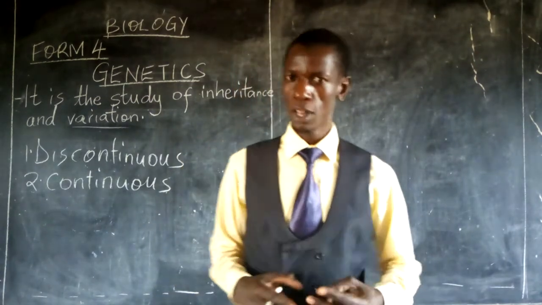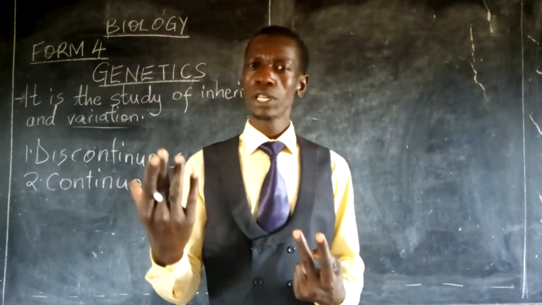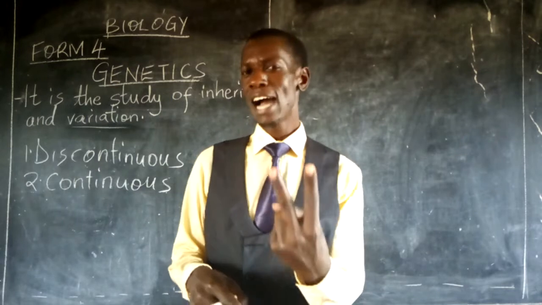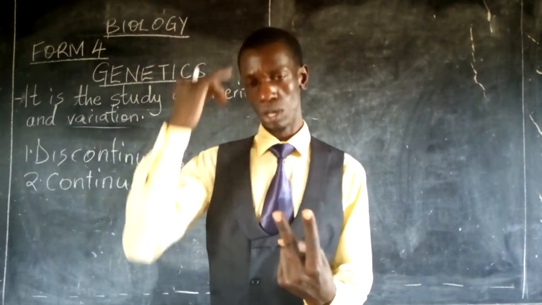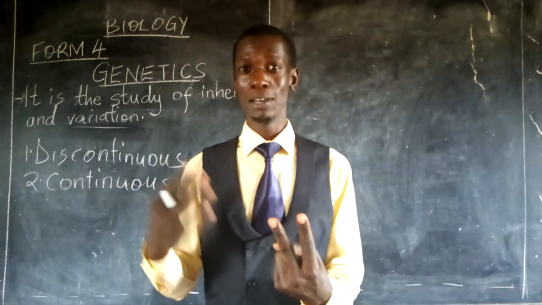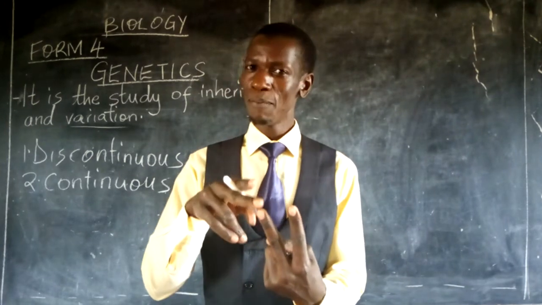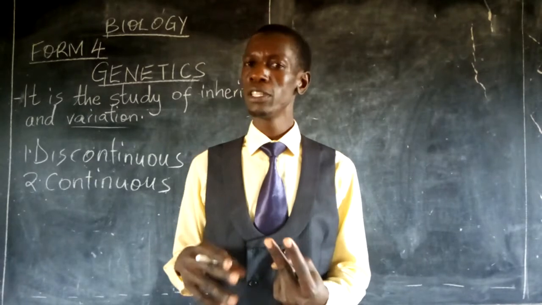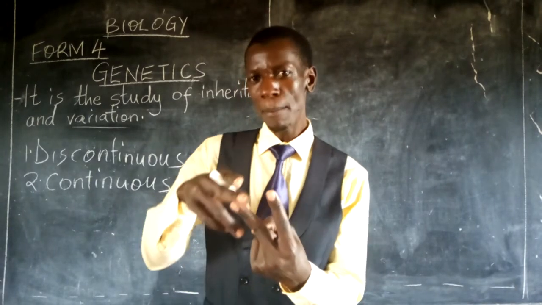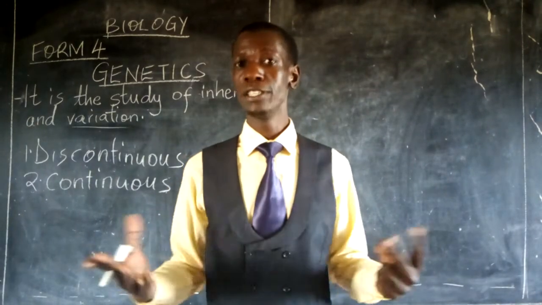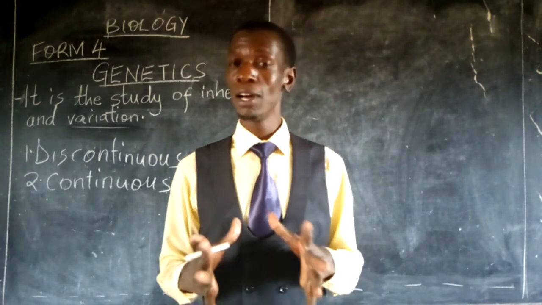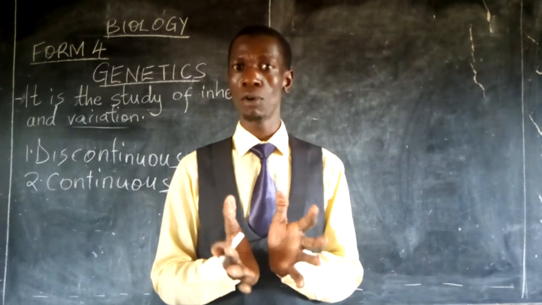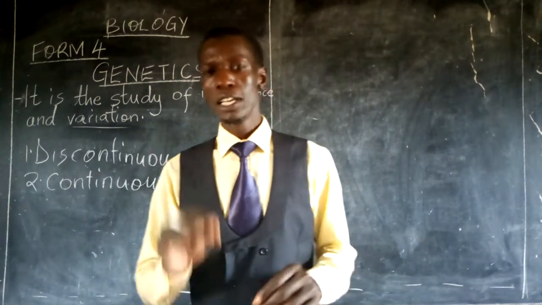For example, if we are looking at a characteristic such as sex, there are only two sexes known throughout the world. That is either male or female. When an individual is considered within these two, he must either be a male or a female. And remember here, we are not basing our fact on abnormality, but we are talking about the normal aspect.